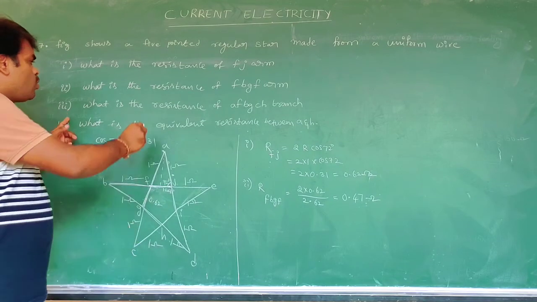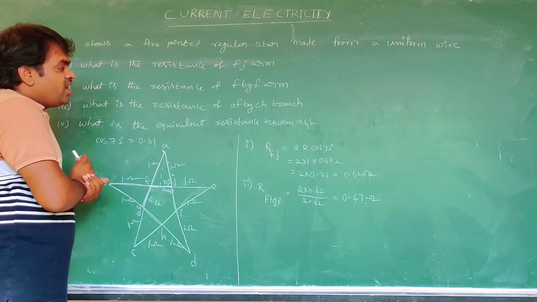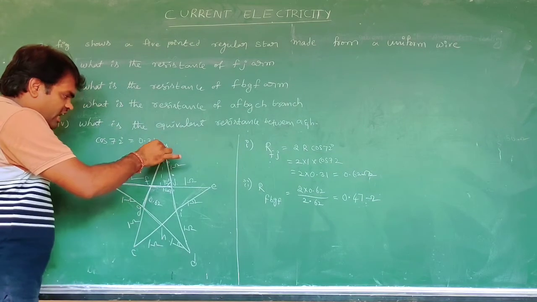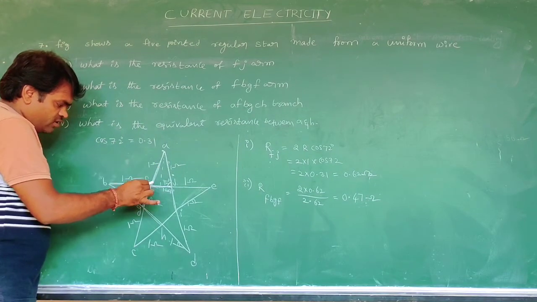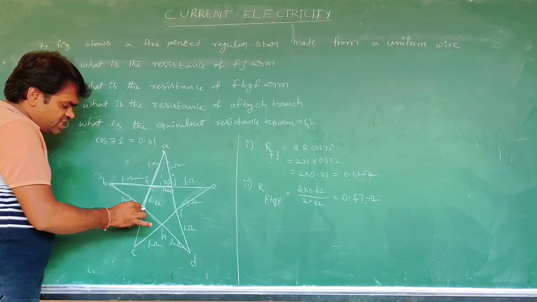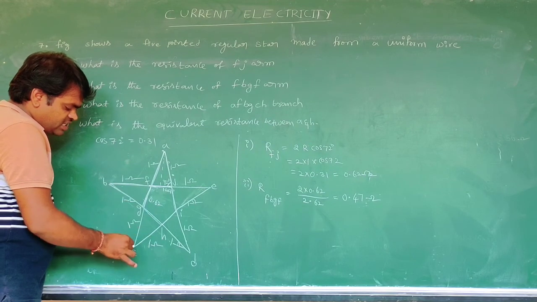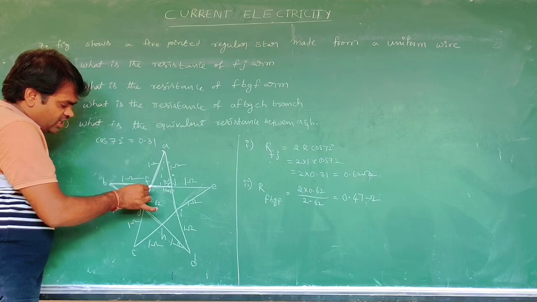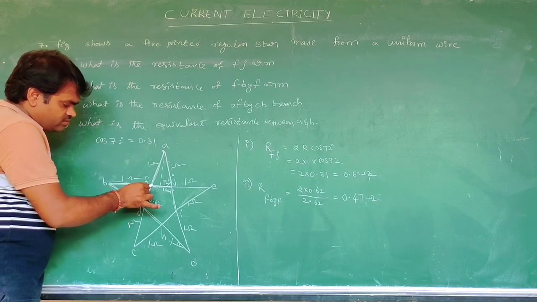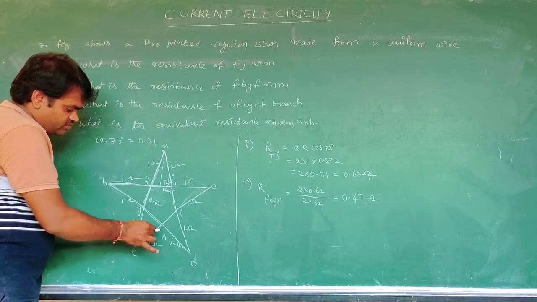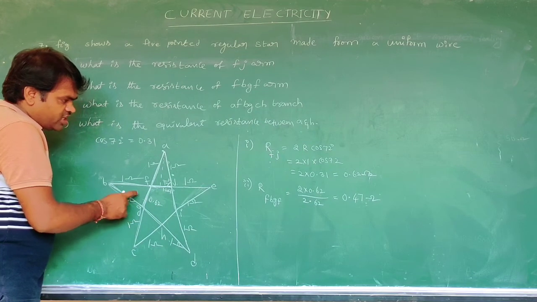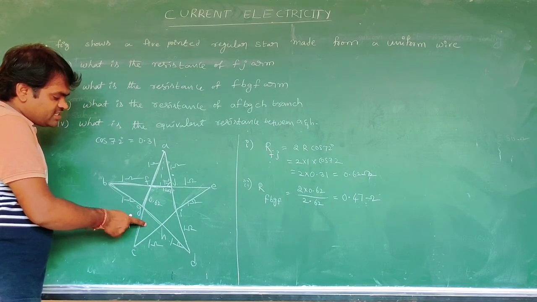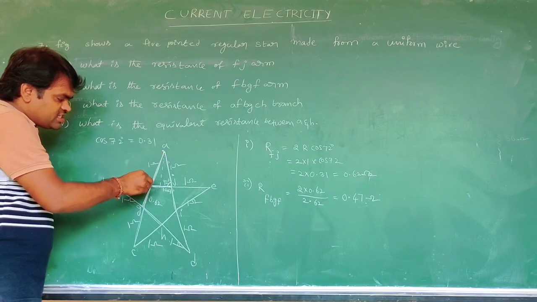Now next, what is the resistance of AFBGCH? Here, this is one. This is another one. These two are in series. These two are in series, and these also in series.